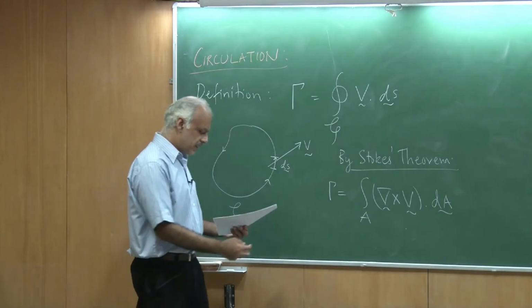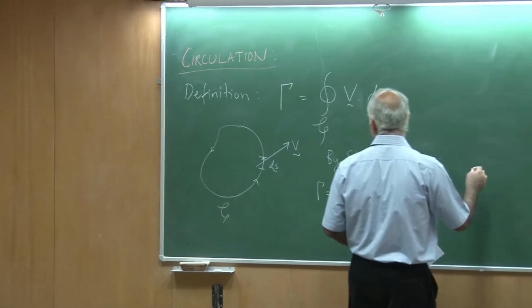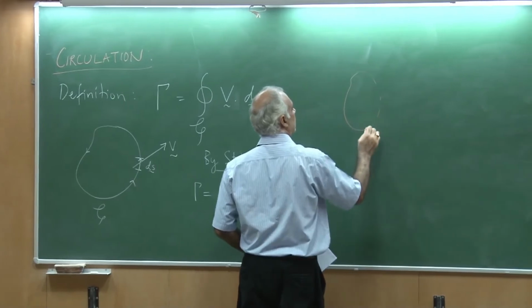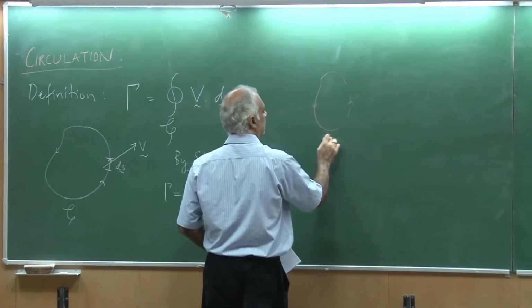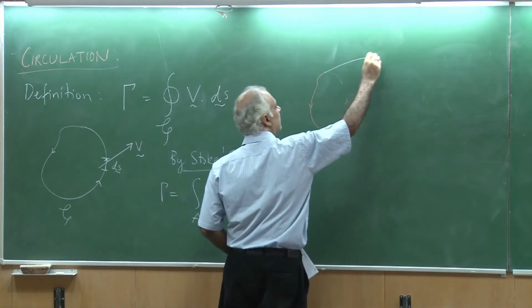So, let me show you with a diagram what this curve is. So, if I draw the curve, so this was my curve C, and now I am enclosing it with an area.